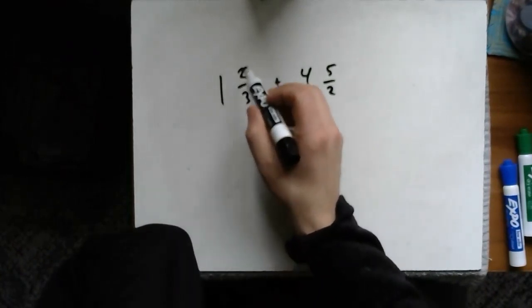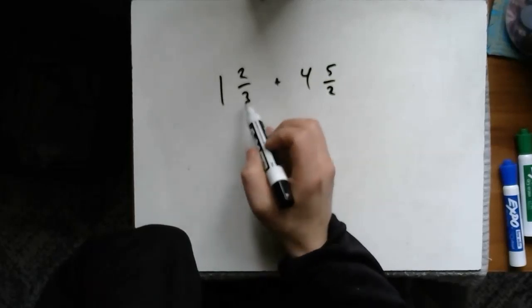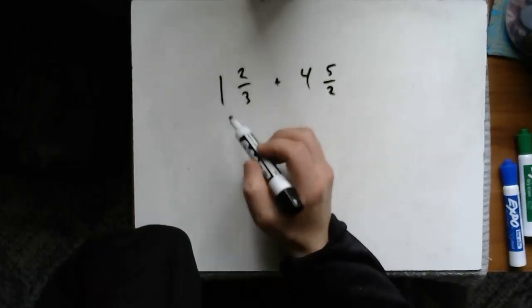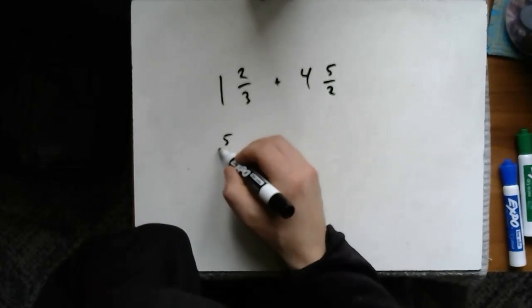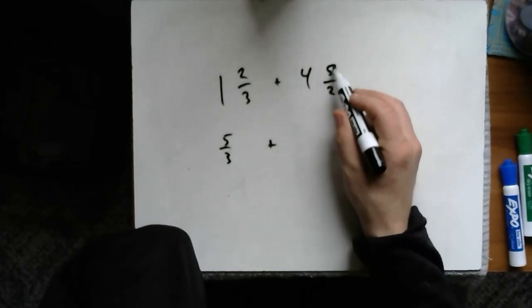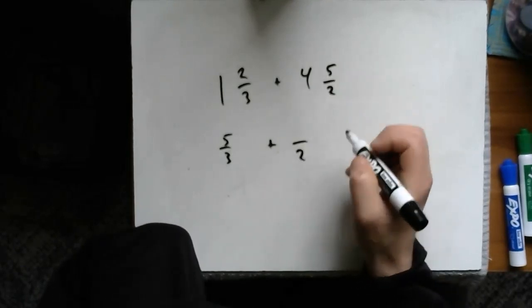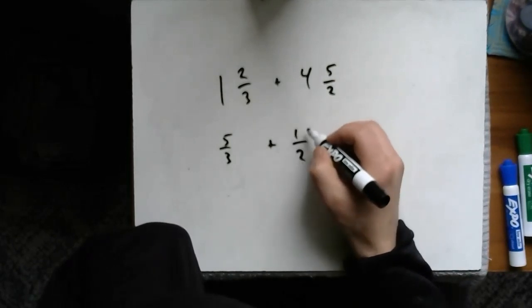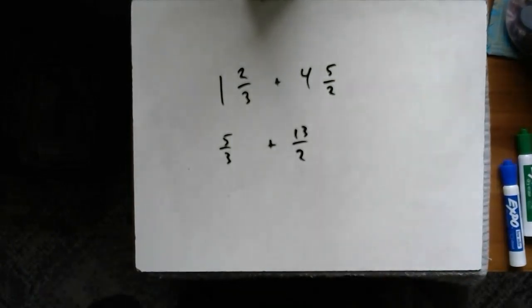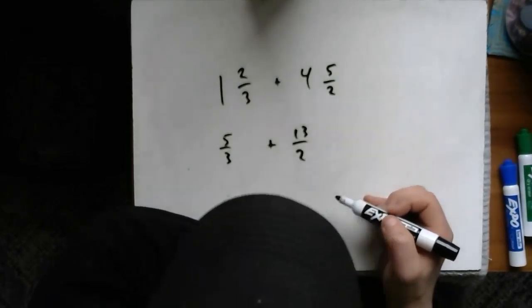So 1 2/3, well, that's just 1 is 3/3. So 3 times 1 is 3 plus 2 is 5/3, plus 2 times 4 is 8 plus 5 is 13. Okay, so I got 5/3 plus 13 halves.